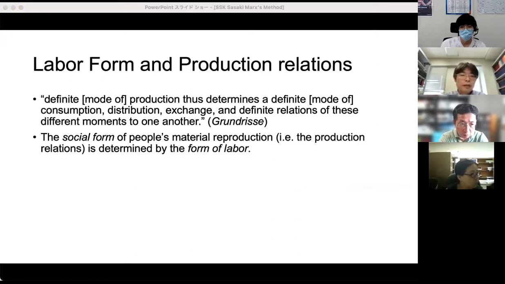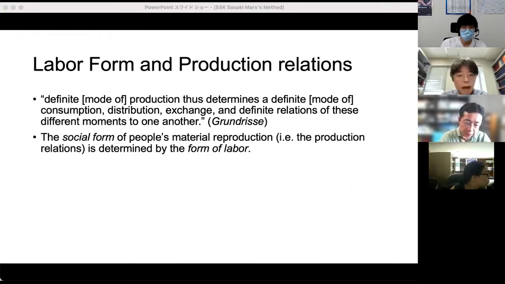Marx wrote in Grundrisse that definite production thus determines definite consumption, distribution, exchange, and definite relations of these different moments to one another.